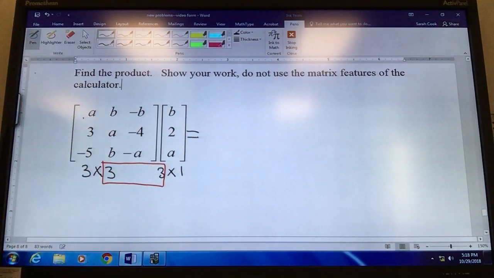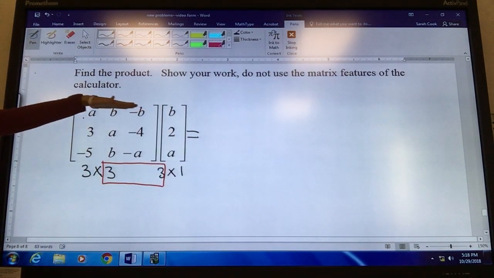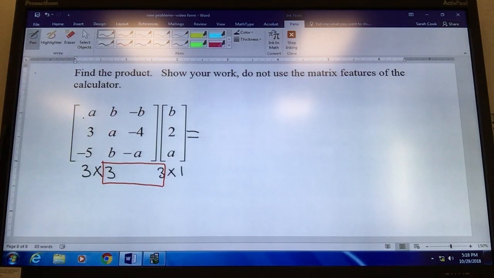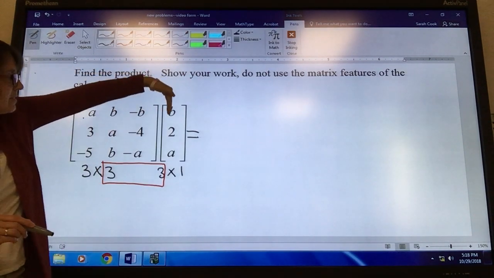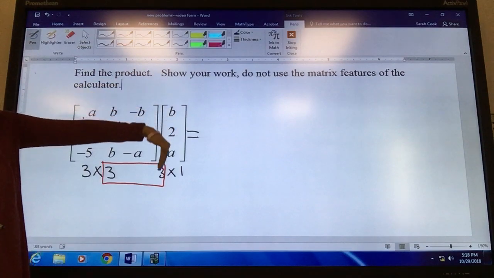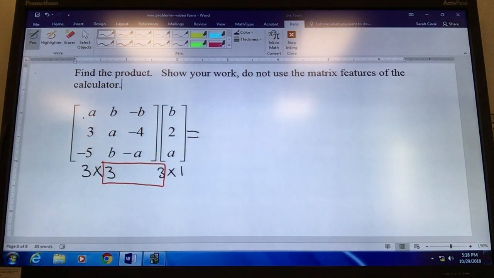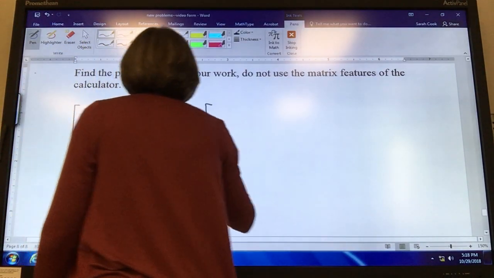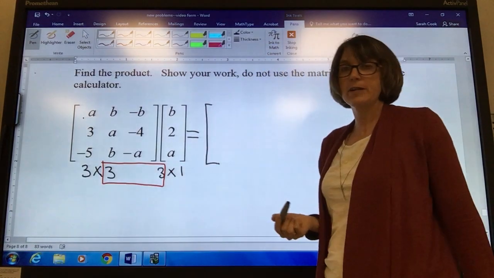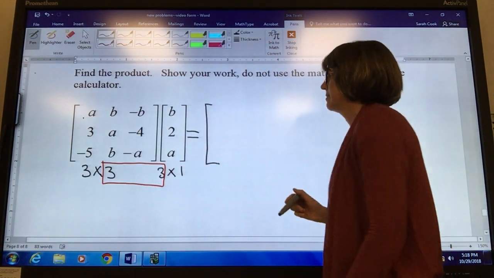Okay, so now to do the multiplication, as we move across a row on the first matrix, we're going to multiply by the respective entries in the column of the second matrix, and we're going to add those together. So with this first one, we're going to have algebraic expressions because we don't know what A and B are.